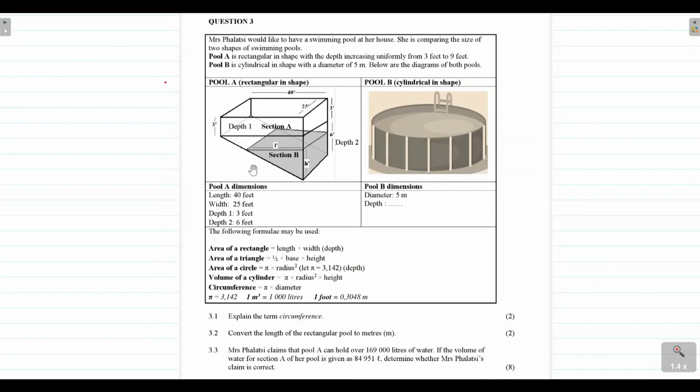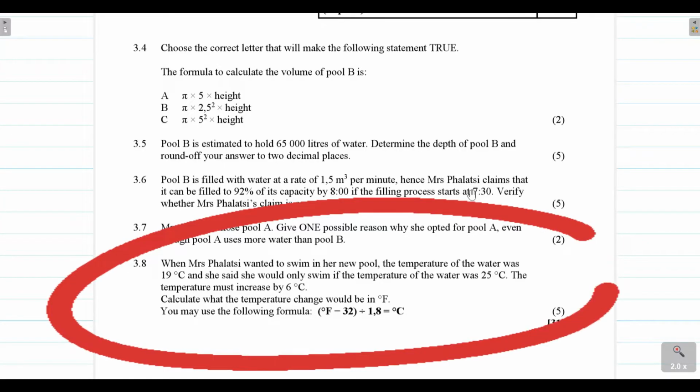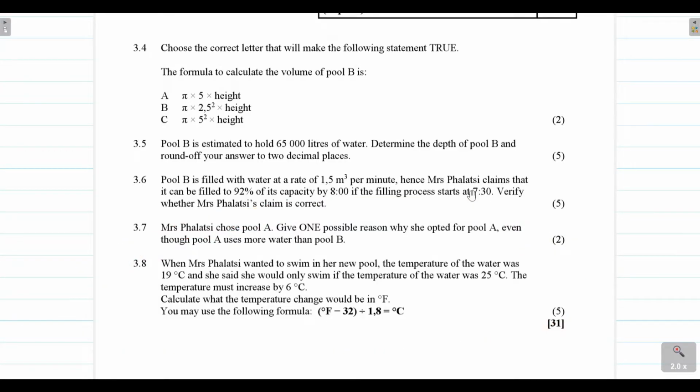We are going to be converting feet to meters and meters cubed to liters. So if you know that you're currently struggling with those topics, please make sure that you watch this entire video tutorial. We are also going to be doing our temperature conversions, where we convert temperature in degrees Celsius to temperature in degrees Fahrenheit.